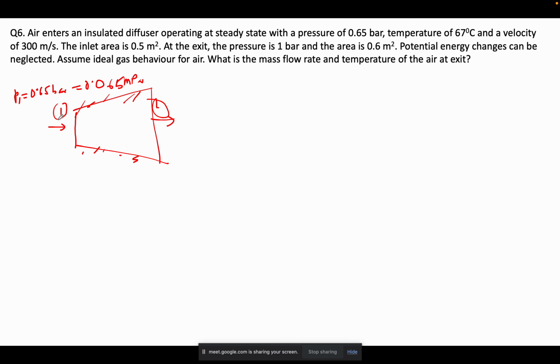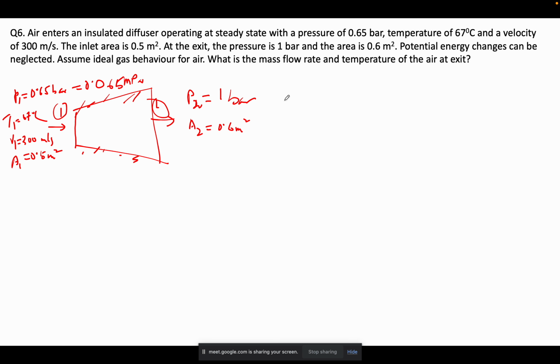Then T1 is your 67 degrees Celsius, and V1 is your 300 meters per second. Then inlet area A1 is your 0.5 meter square. Then your exit pressure is 1 bar, and your exit area is 0.6 meter square.